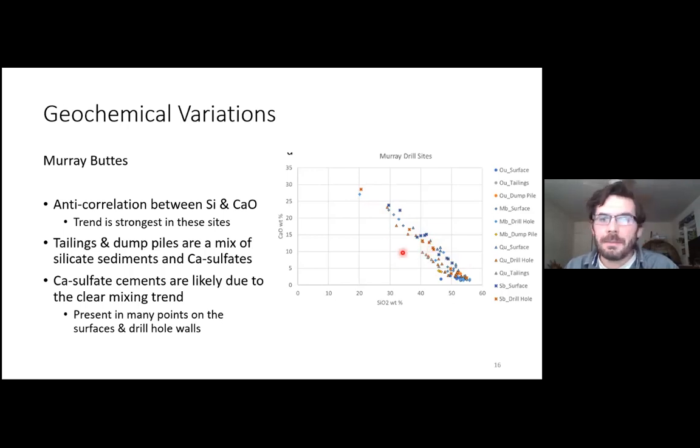Also, some work by some of Horton's other students has found calcium sulfate cements in this location, and with this variation seen both in the tailings and on the surface in some of these sites, it's possible that there are some calcium sulfate cements at this location as well.